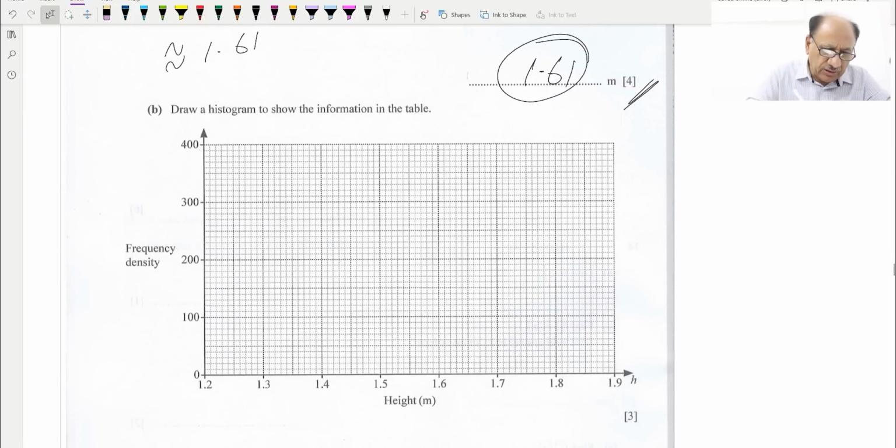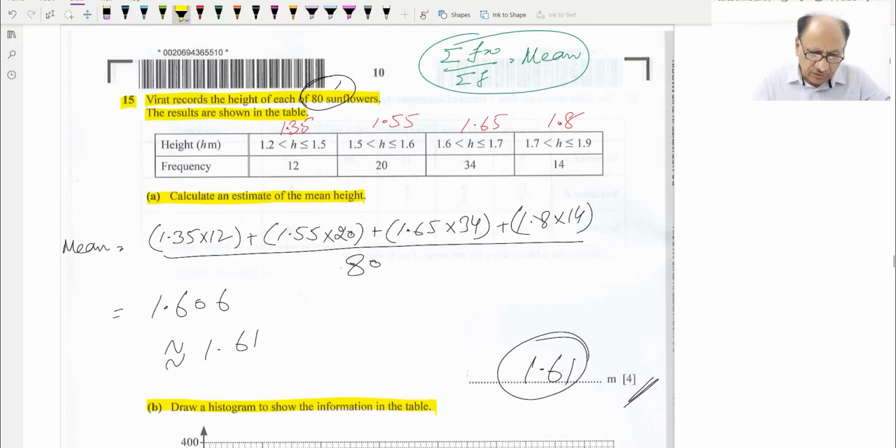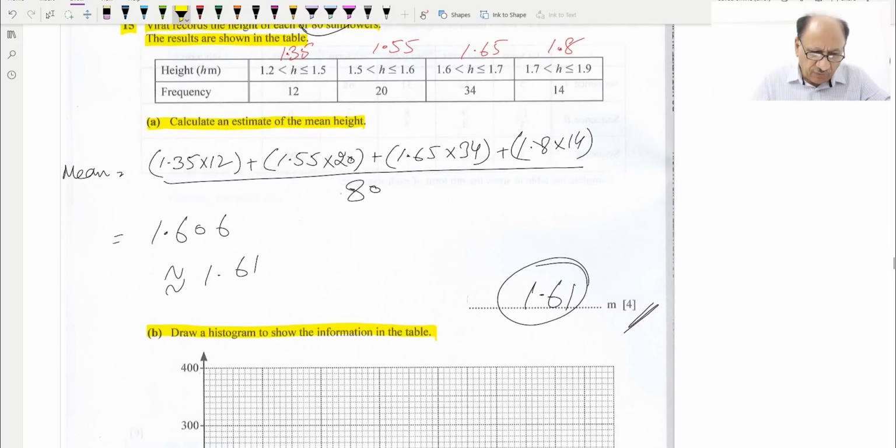Now for part B, draw the histogram to show the information in the table. For a histogram, we require frequency density on this side and height on this side. If we check, 1.2 to 1.5 is 12.